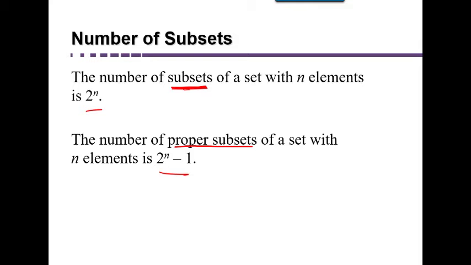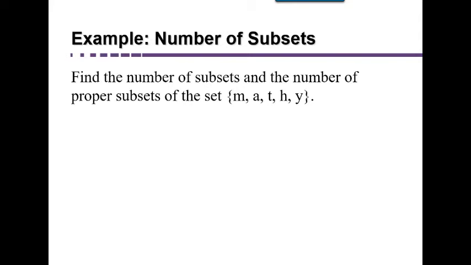Now that's subsets, but if we wanted to count the proper subsets, we've overcounted by 1, the set itself. So the number of proper subsets, we would take 2 to the n power and subtract 1 from it. So you have two formulas here that you're going to need to remember. 2 to the n is the number of subsets of an n element set. 2 to the n minus 1 is the number of proper subsets of an n element set.